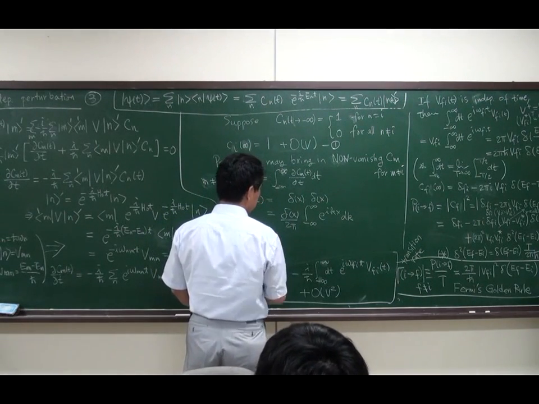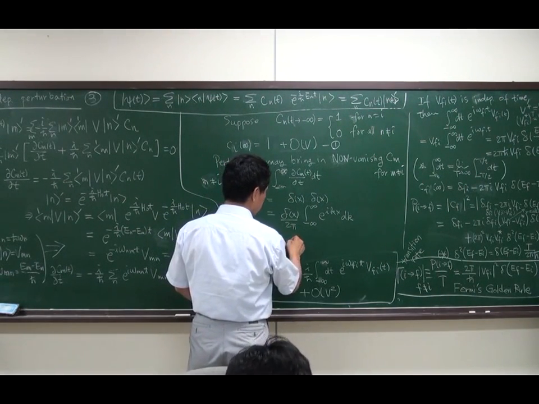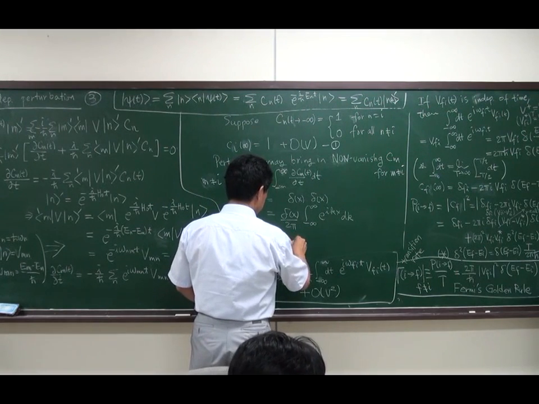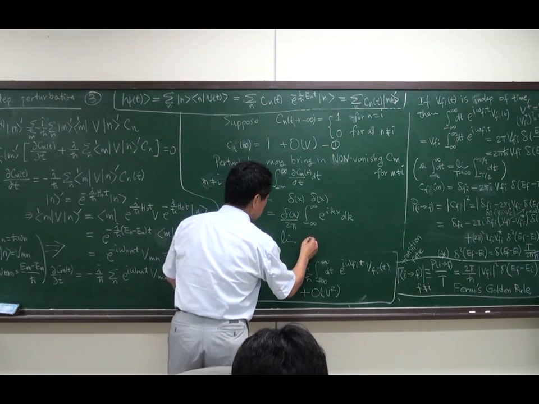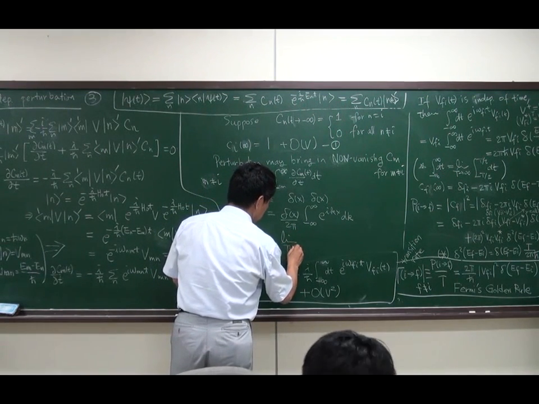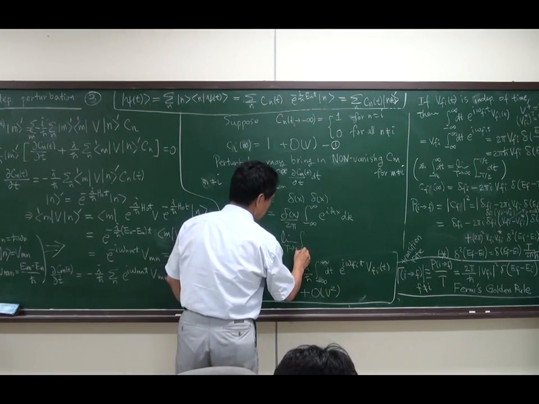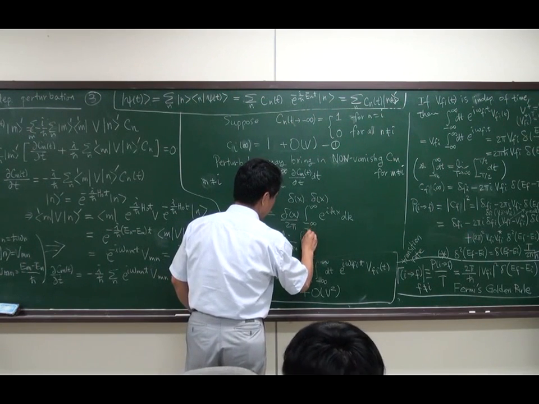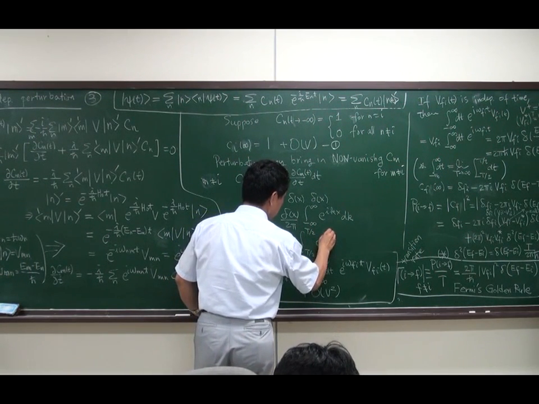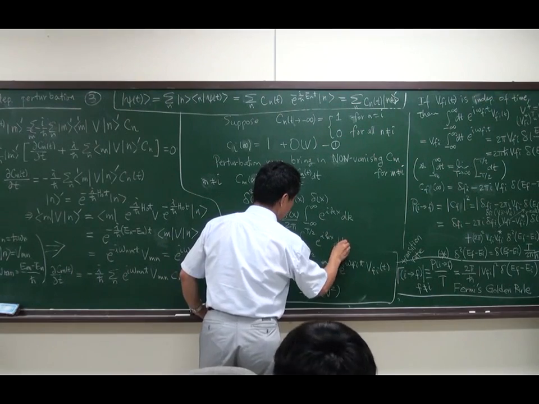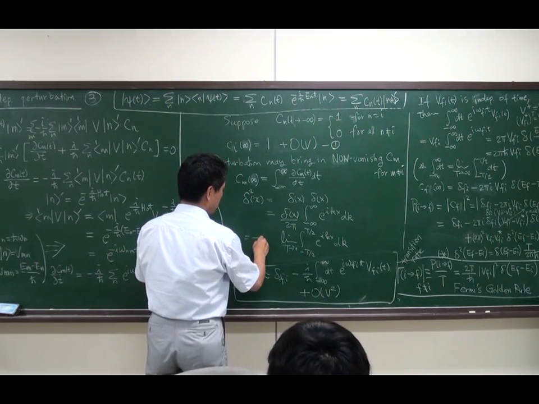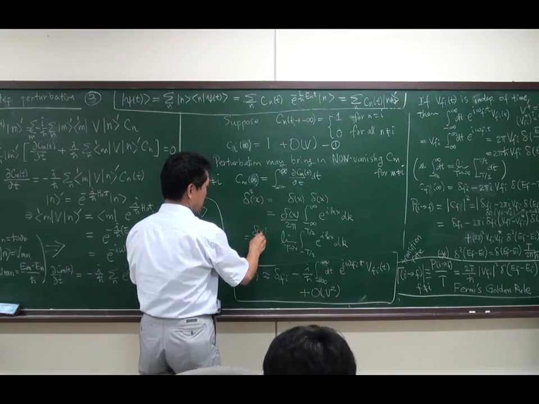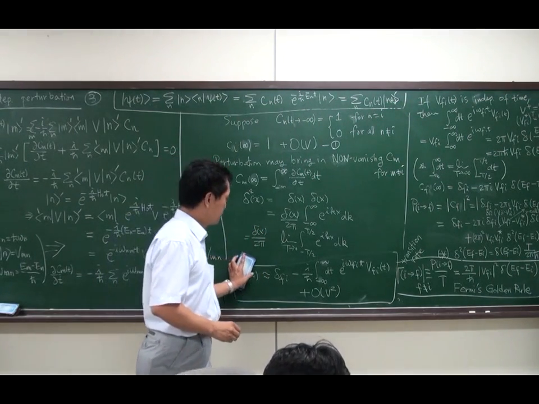I can rewrite this as the limit, capital T goes to infinity, from minus half of T to half of T of e to the i k x dk, and then I put 2 pi delta x.